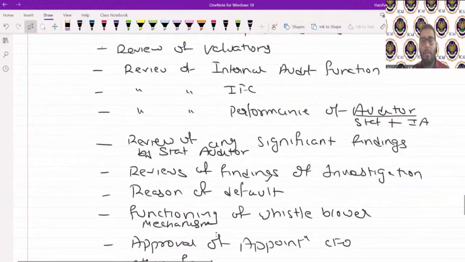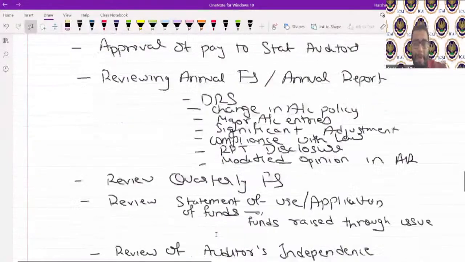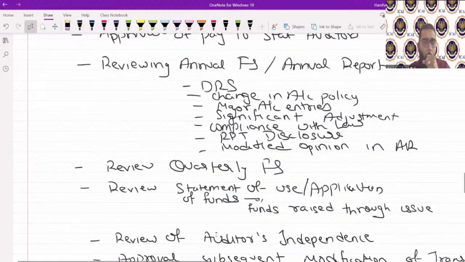Then again, reviewing valuations, investigation, whistleblower. So if you understand the purpose of the committee, it will be easy to learn. Trust me, hardly 1 or 2 points you may not be able to recall. But if you have understood the purpose of the committee, you will be able to learn easily.